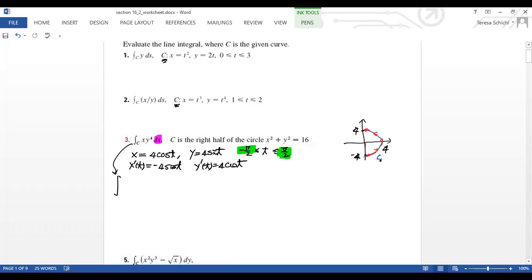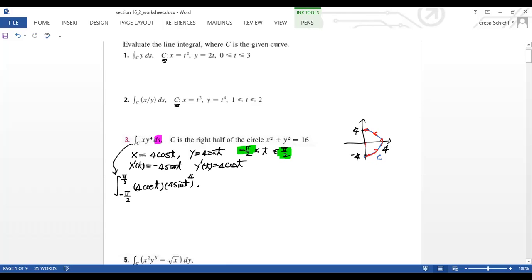The t range is from negative pi over 2 to positive pi over 2. I replace x with 4 cosine t and y with 4 sine t, to the 4th power.